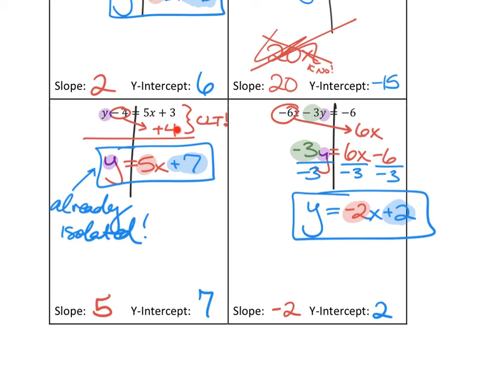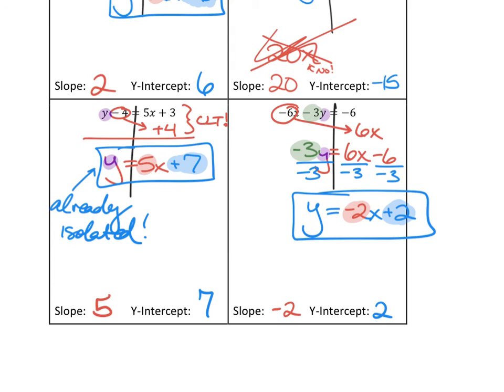So I add those together this time, and I would make 7. And did you notice that the y is already isolated, already by itself? There's no number, no negative sign in front of it, which means I'm actually done. And here the slope would be 5, not 5x, just 5. And the y-intercept would be 7.